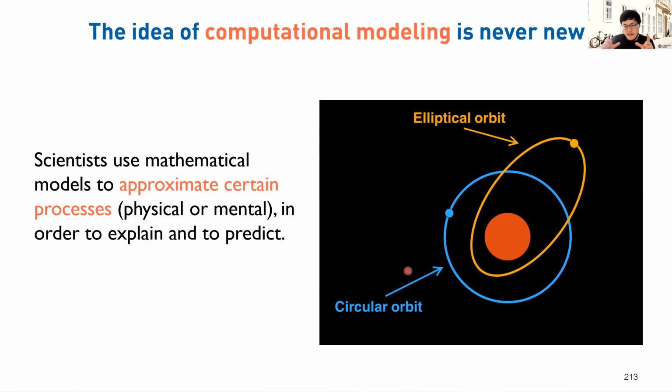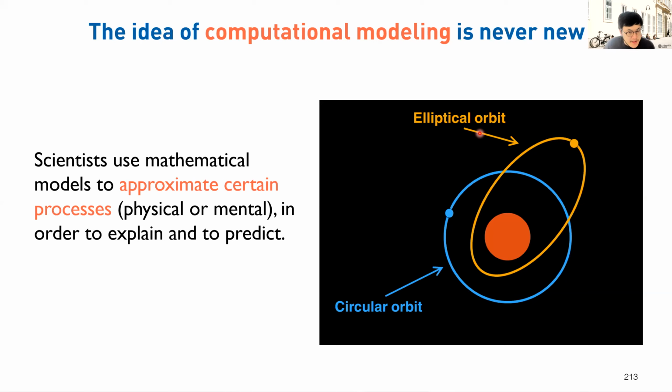One can be a circle, and the other can be an elliptical orbit. It's not a perfect circle, a little bit narrow on one end and a little bit wider on the other end. Those are trajectories, the approximated trajectories of how the planets are traveling around the sun.